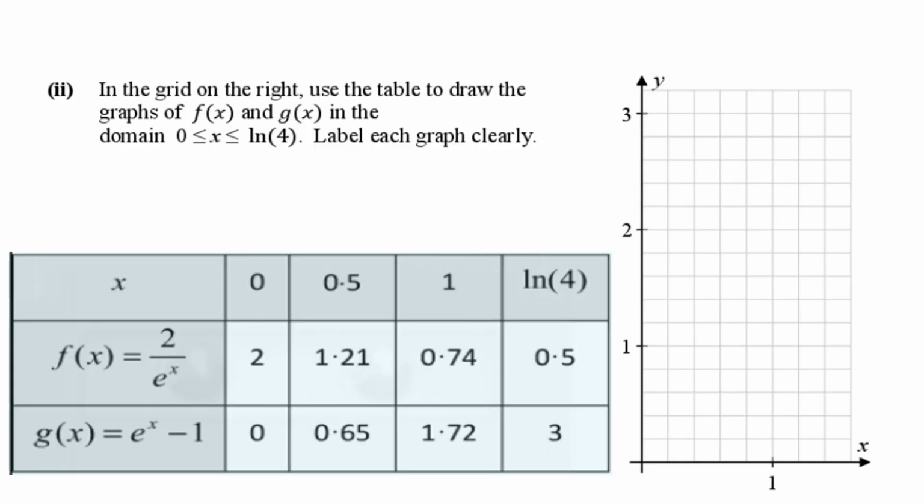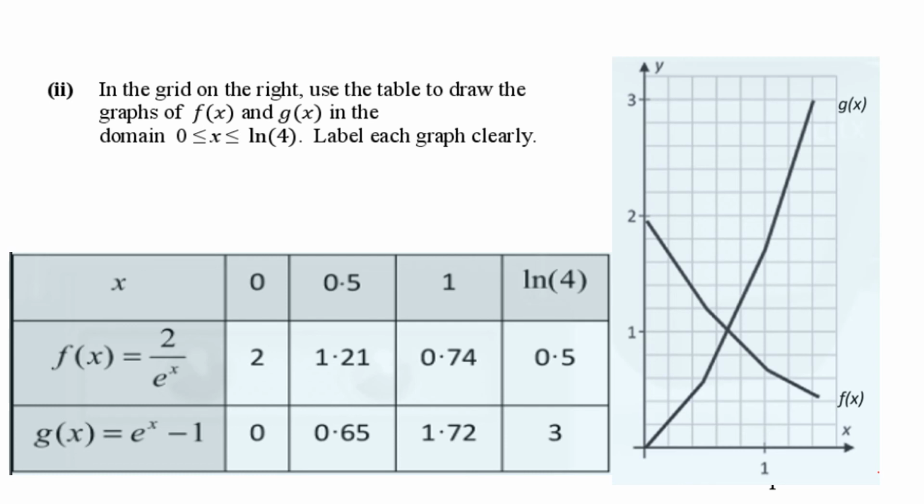Part 2 then says in the grid on the right, use the table to draw the graphs of f of x and g of x in the domain between 0 and the natural log of 4 and label each graph clearly. So this is what we end up working with. What you're going to have to do before you plot this is work out what the natural log of 4 is in terms of a decimal, so you have a better sense to plot.